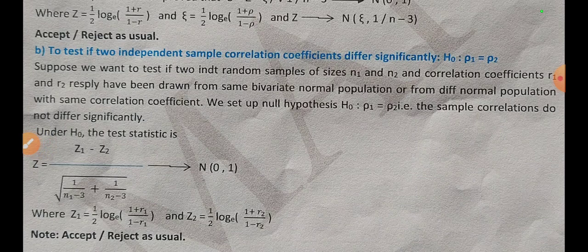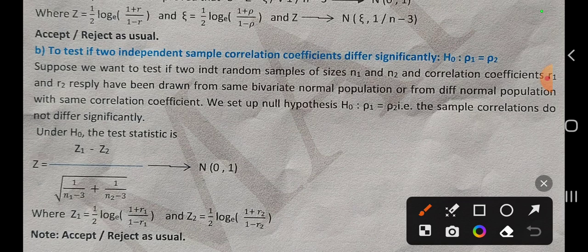Suppose we want to test whether two independent random samples of sizes n1 and n2 with correlation coefficients r1 and r2 respectively have been drawn from the same bivariate normal population or from different normal populations with the same correlation coefficient.